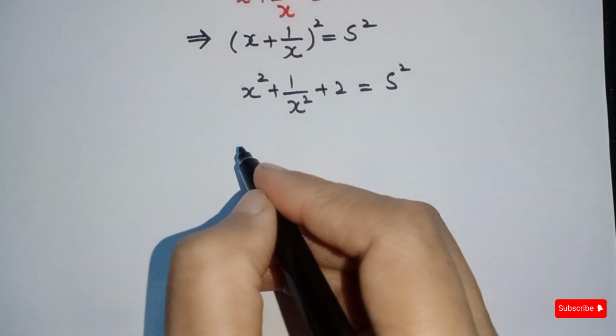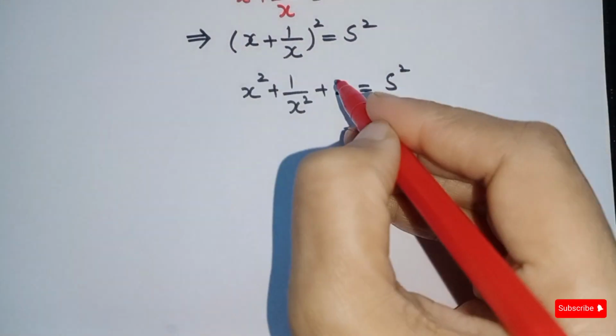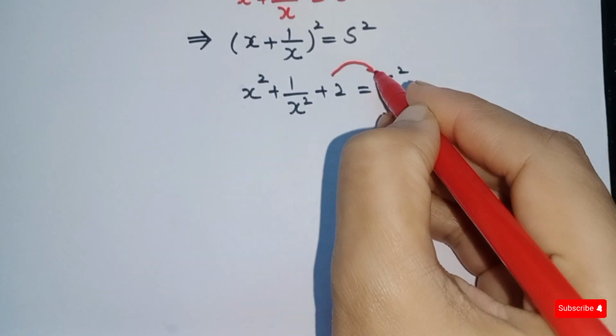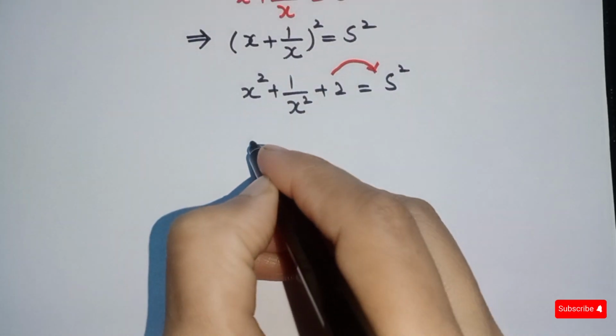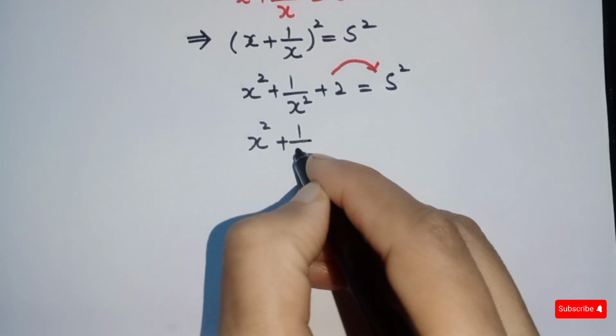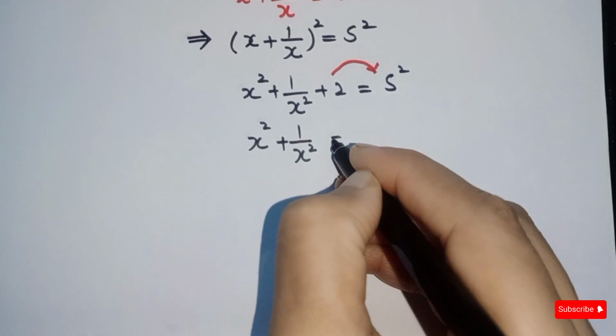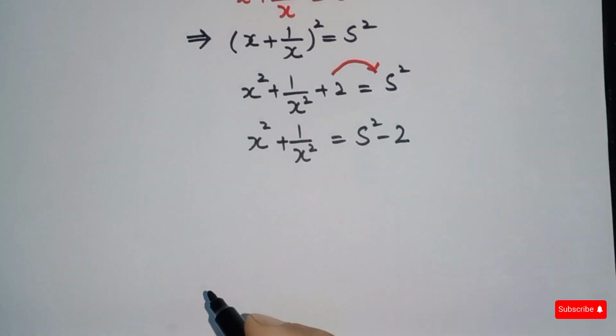So from here we will take 2 from the left hand side to the right hand side and we will get x square plus 1 over x square is equal to s square minus 2.